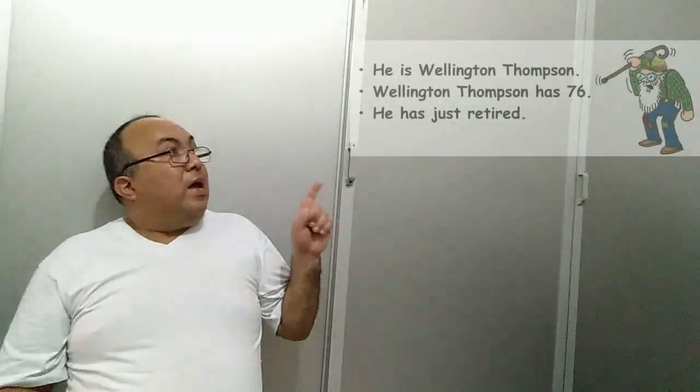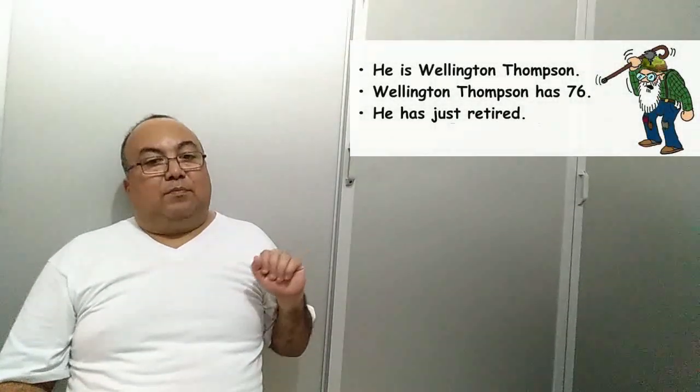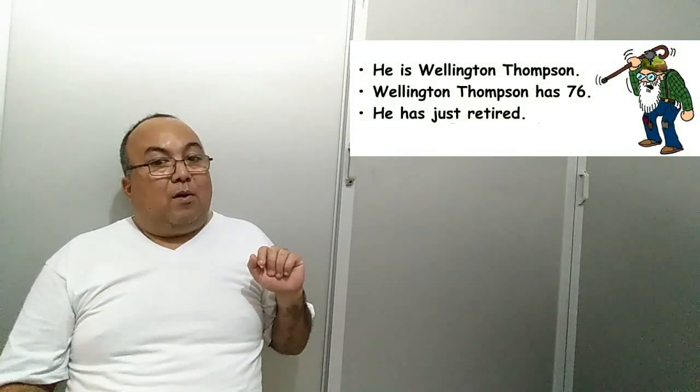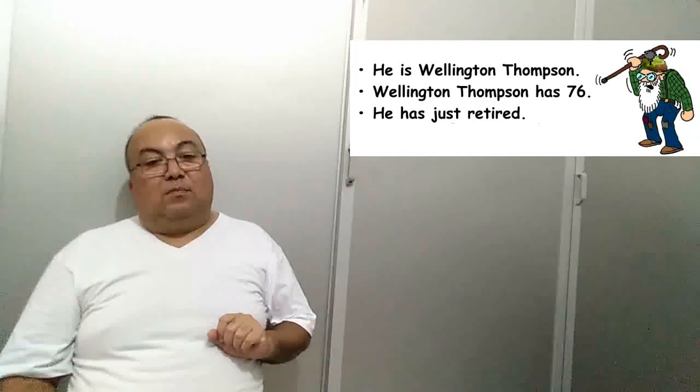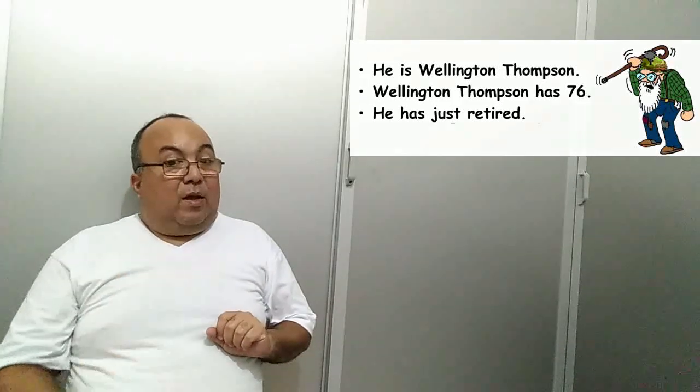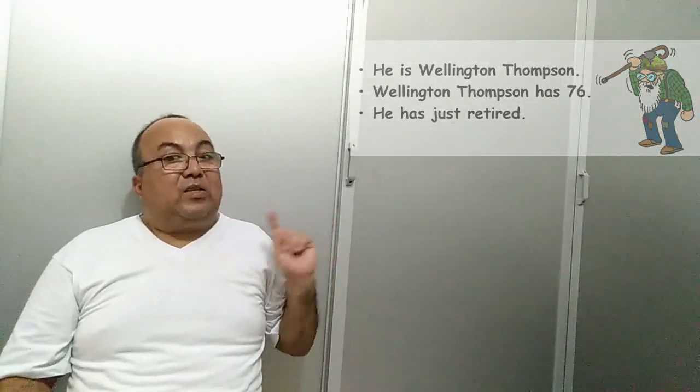We have another three examples here. You can see, first, he is Wellington Thompson. Second, Wellington Thompson has 76. And third, he has just retired.